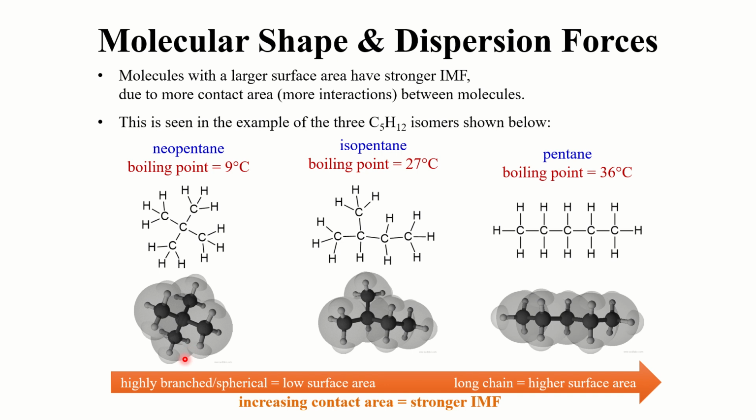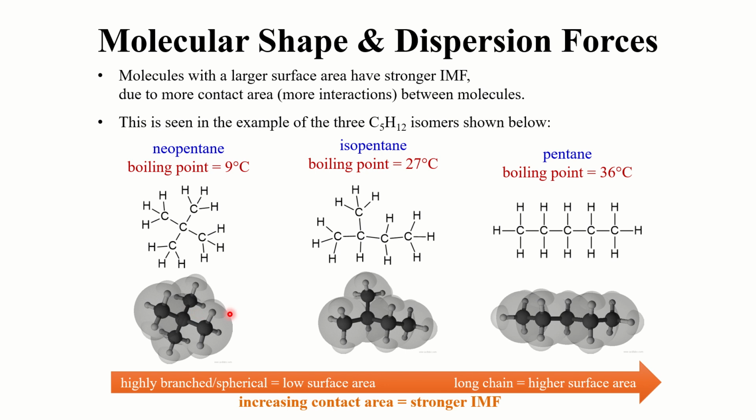Neopentane is extremely branched. See how we have that carbon atom in the center that doesn't have any hydrogen on it, and then it's branched off in 4 directions, and we have these 4 CH3 groups at the terminus here. This is a very branched and much more spherical-like compound, and so because of this, it has a lot less surface area, and the electrons have a much lower polarizability.